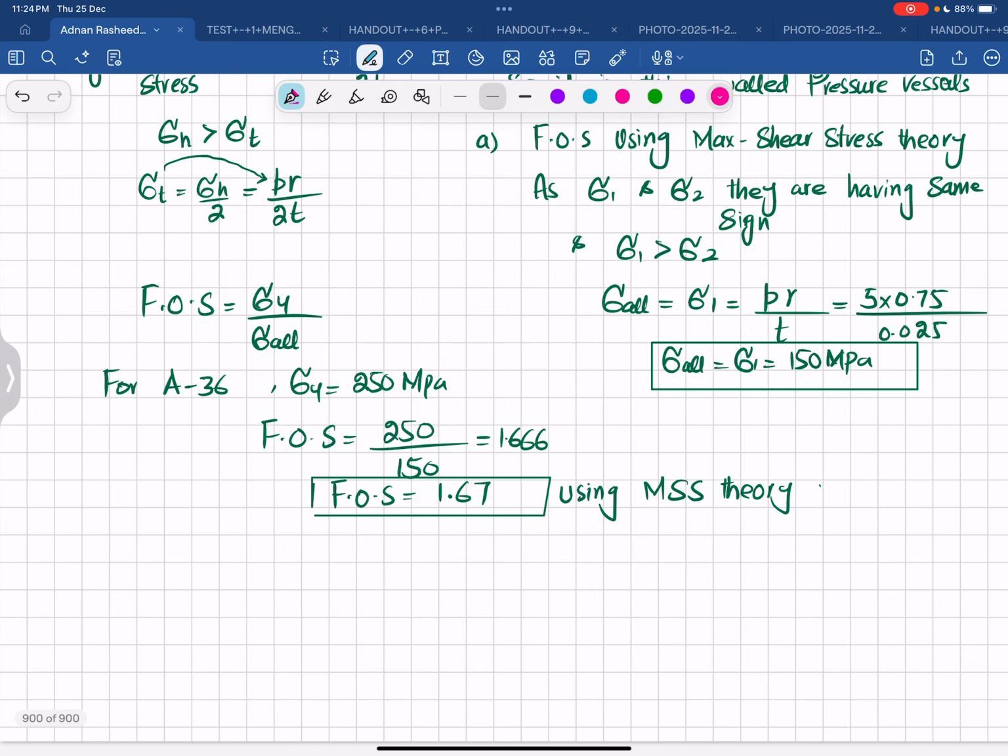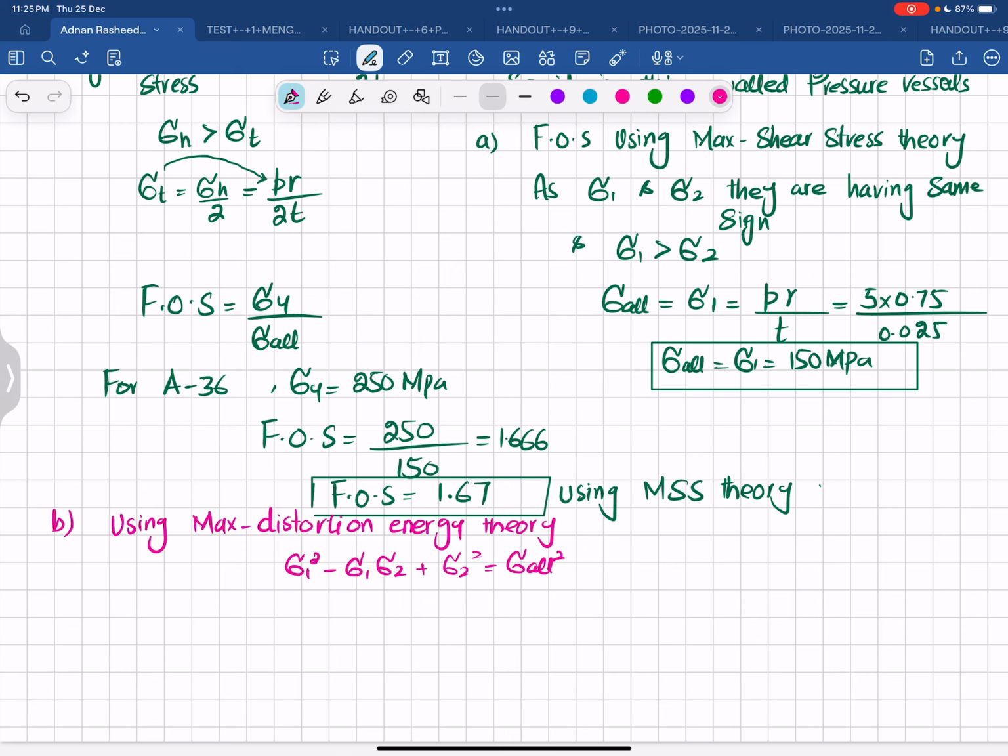Now for part B, using the maximum distortion energy theory, we know that sigma 1 square minus sigma 1 into sigma 2 plus sigma 2 square is equal to allowable square.